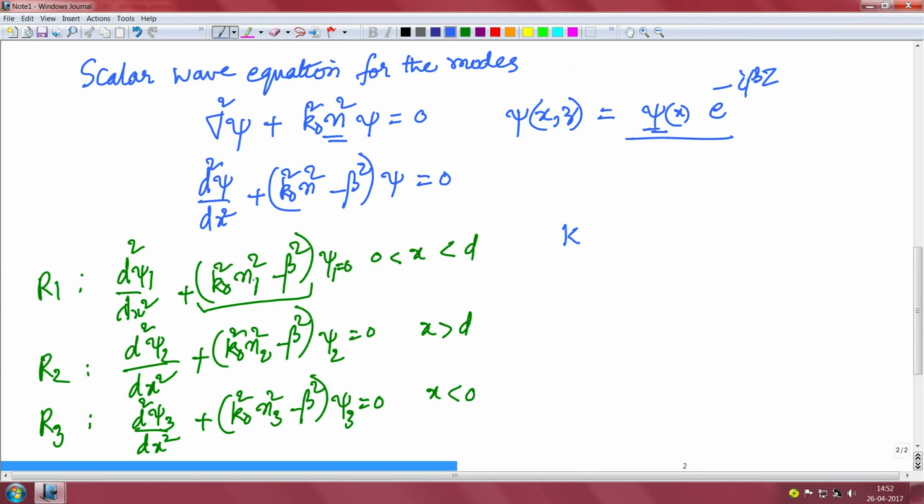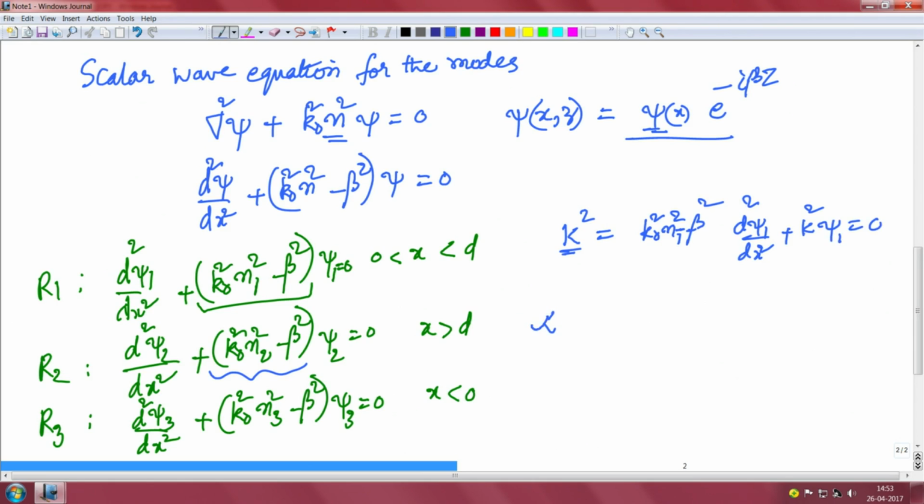N1, recall, is a constant, we are talking about the step refractive index waveguide, and we can call it kappa square or k square with k0 square n1 square minus beta square, and we can call this constant, and remind that k is positive if beta is less than k0 n1, and so we can replace this equation with d square psi 1 by dx square plus k square psi 1 equal to 0 as the differential equation for region 1.